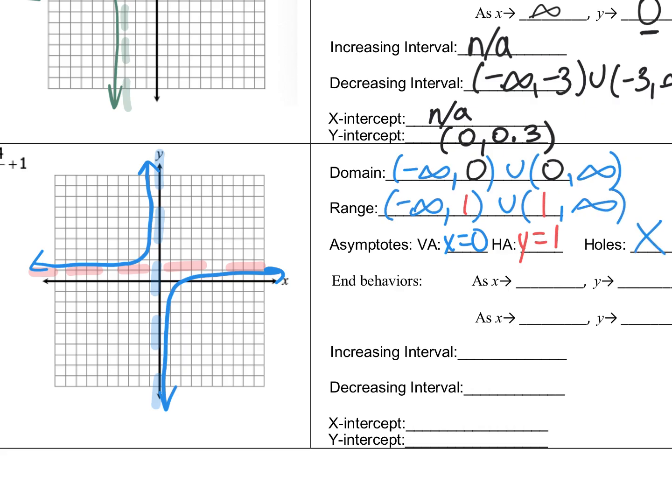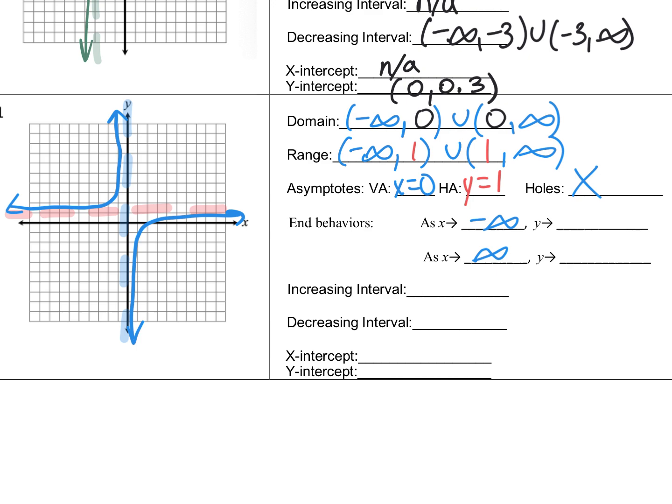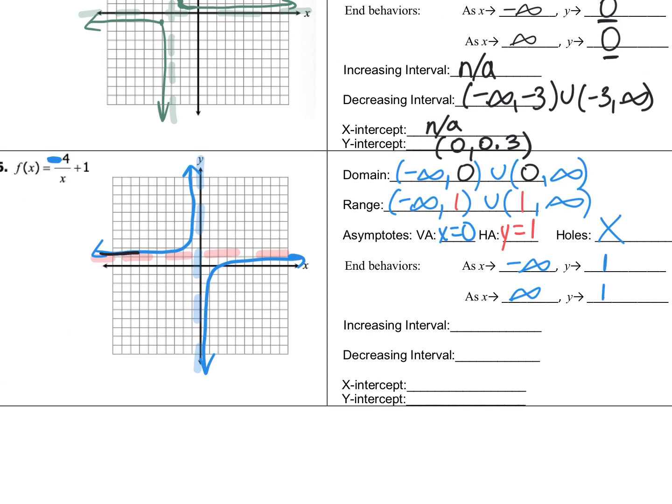Okay, there's no holes. The x's go left and right forever. The y's are both going to stop at the horizontal asymptote, just like the others did. Okay, this is where it changes. This is the only change. Is that increasing or decreasing from left to right? It's increasing. Do we all see that? As I move from left to right on either one of these, I increase.